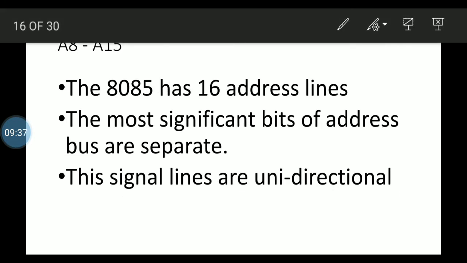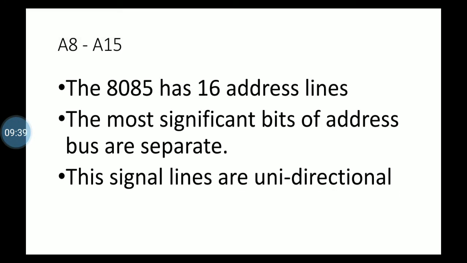Then A8 to A15. The 8085 has a 16-bit address bus, 16 address lines. The lower lines A0 to A7 are combined as AD0 to AD7. Now A8 to A15: the most significant bits of the address bus are separate.